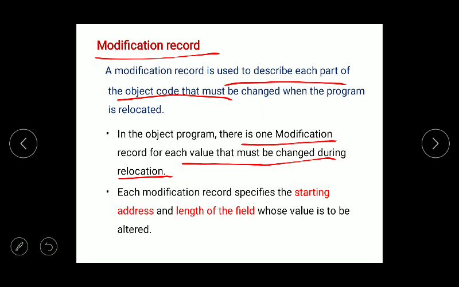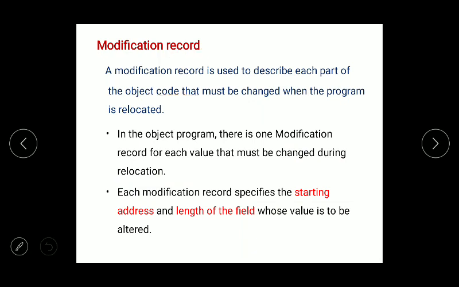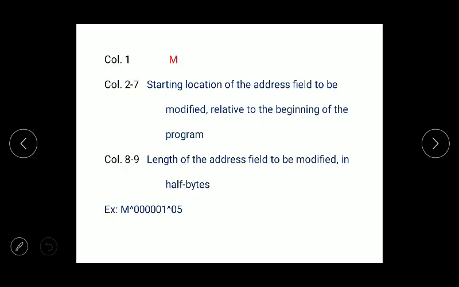It specifies the starting address and length of the field whose value is to be altered. So a modification record contains 3 fields. First field, the letter M: column 1 is the letter M. Next 6 digits, columns 2 to 7, give the starting location of the address field to be modified, relative to the beginning of the program.